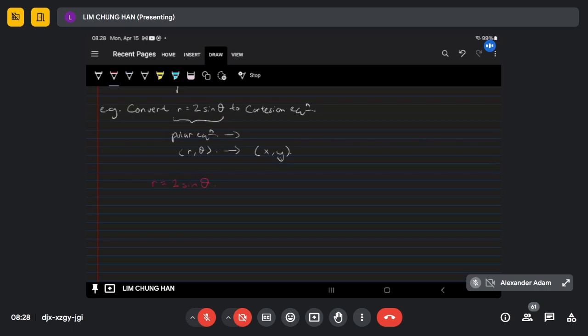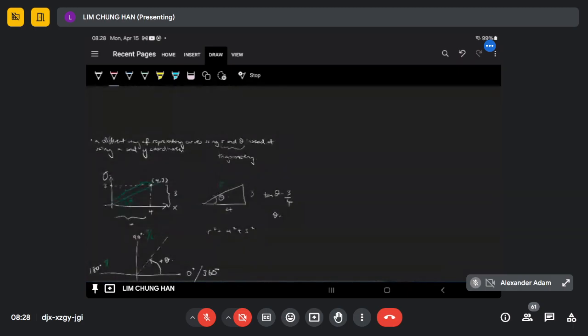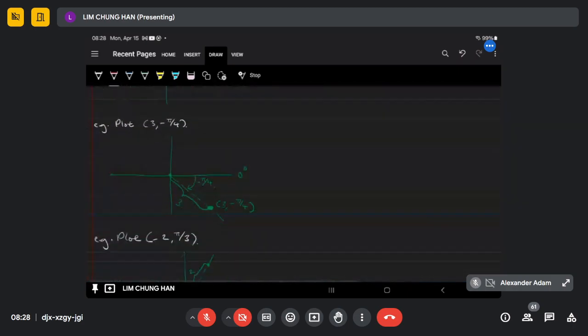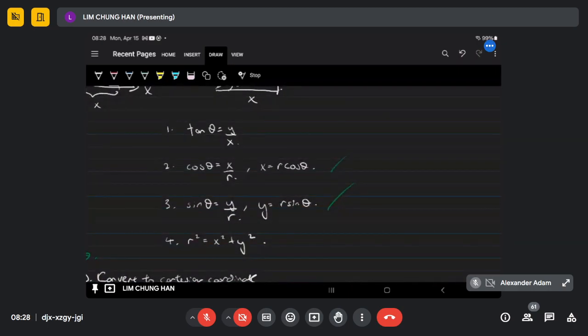I'm going to scroll back. Where are the four equations from last week? There. Remember these four? 1, 2, 3, 4. We are going to use these equations to do our converting. So how are we going to use these four equations?